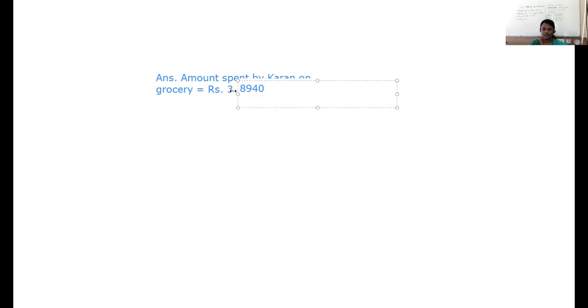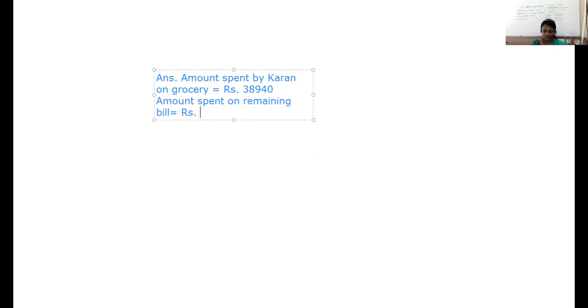Whereas, let us see the remaining. Amount spent on remaining bills is rupees 20,050. So let us find the total amount spent by him.